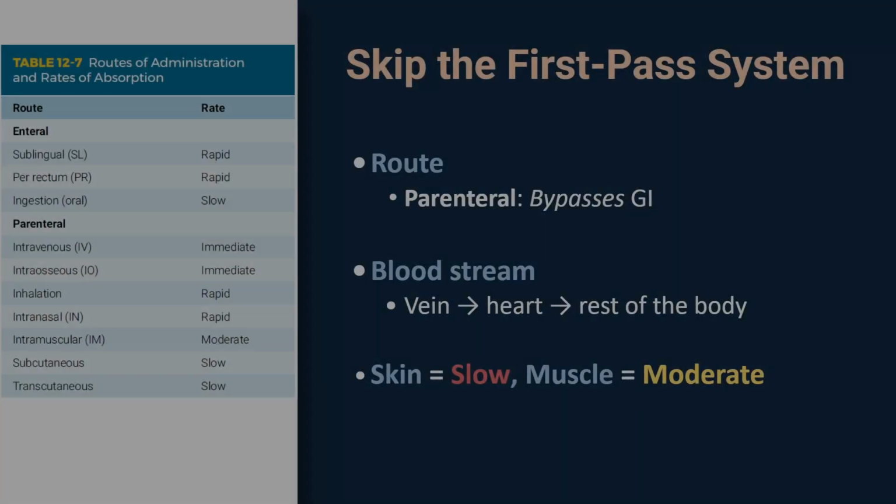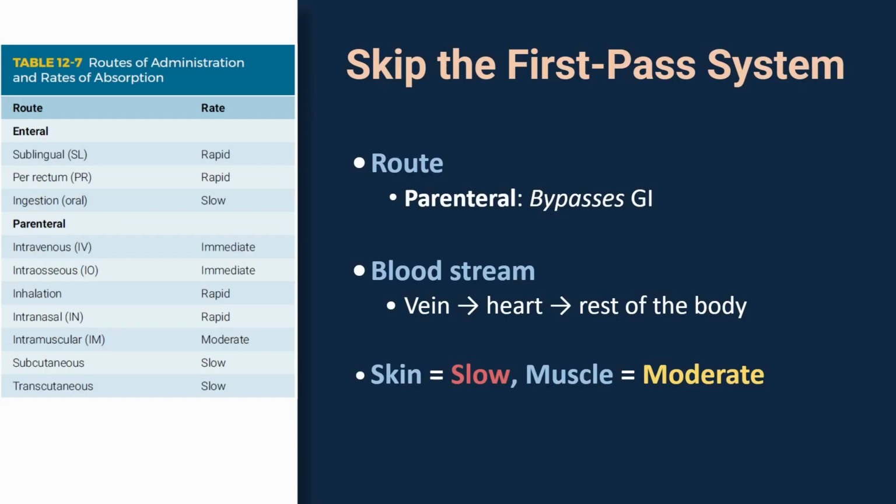So do we need to know intermediate, rapid, and all that, or just know that PO, or by mouth, is slow? I recommend that you're able to answer a question and associate every single one of these. How I recommend you do that is by isolating the small amount of info. In the case of parenteral, if you can remember that anything involving the skin is slow, then everything else is fast, basically.